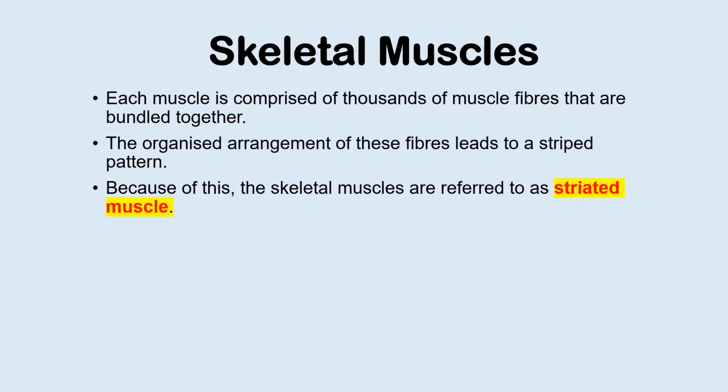The organization of the whole thing, the way it's arranged, it looks like it's striped. And because of the way they look, the muscles that move us are called striated. They're striped.